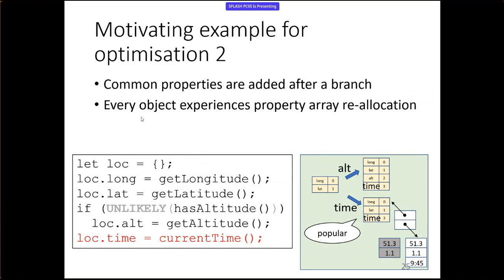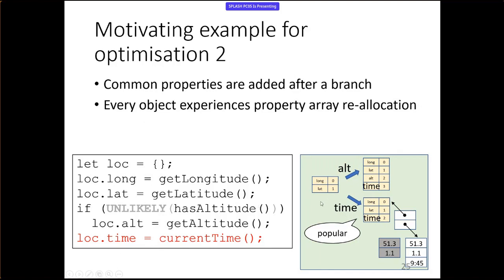Next, we go on to the second optimization. This is a motivating example for the second optimization. In this program, the location object gets longitude and latitude properties, it gets the altitude property conditionally, and then it obtains the time property unconditionally.